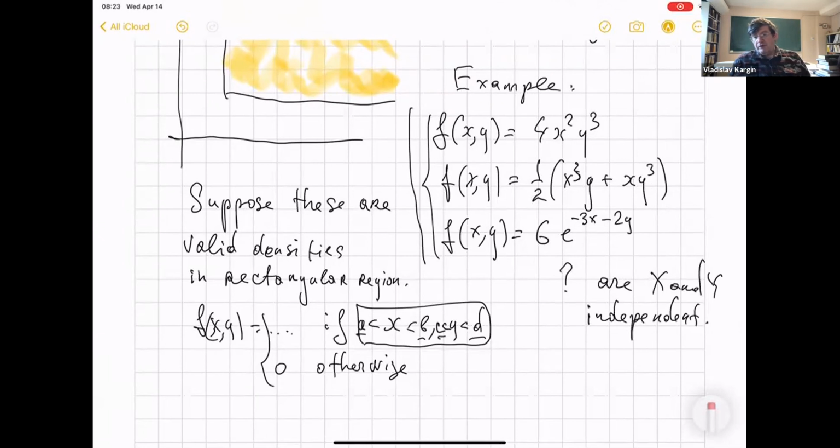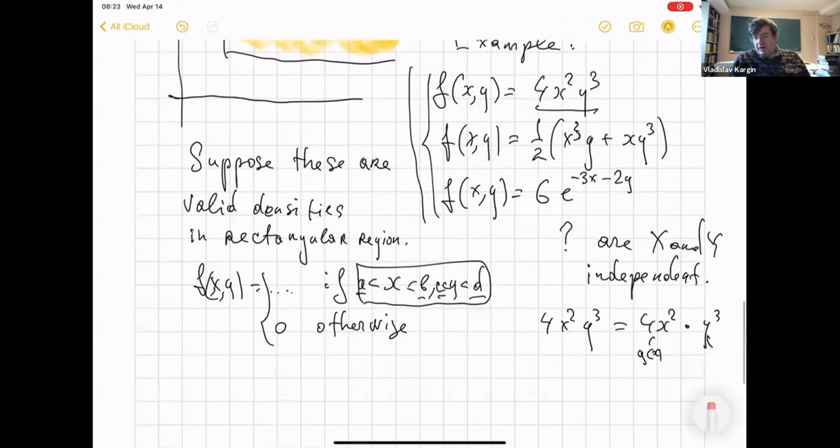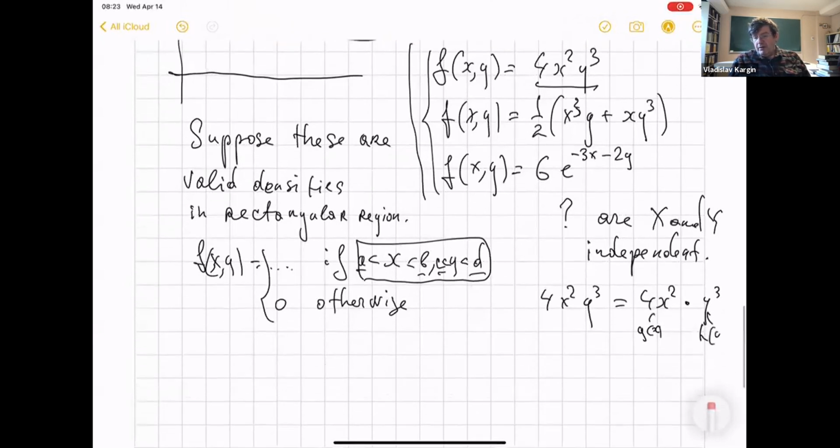Okay, so you look at this thing and I say to you, well, one thing is satisfied. The regions are rectangular. So are they independent if the regions are rectangular? You look at the first one and say, okay, this is easy. 4x squared y cubed is just equal to 4x squared multiplied by y cubed. So this is my g of x, this is my h of y.